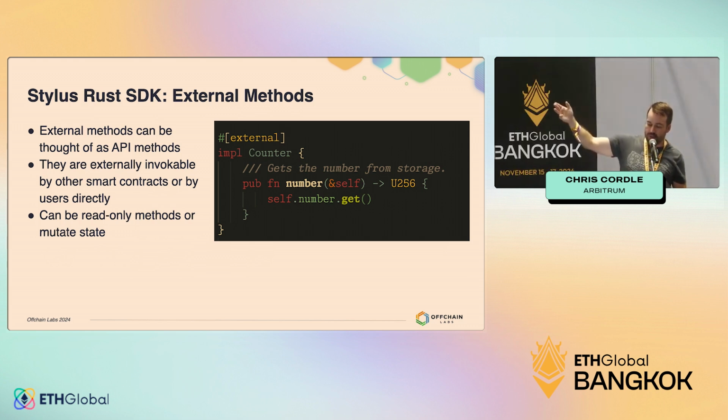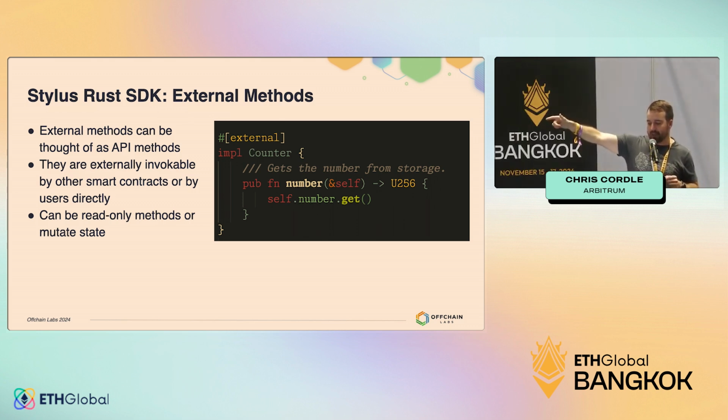All right. I need to update the slide. Sorry. This external macro is now called public, but I think both will still work. But we did deprecate external just to match more with Solidity. So use public, and if you clone the default counter, it'll show public. So stick with that.